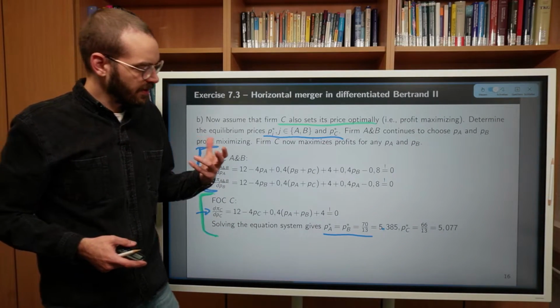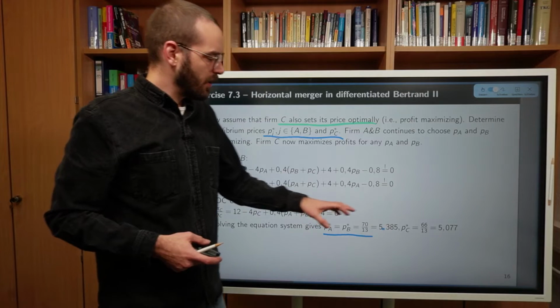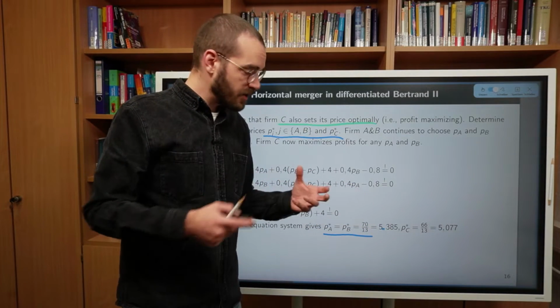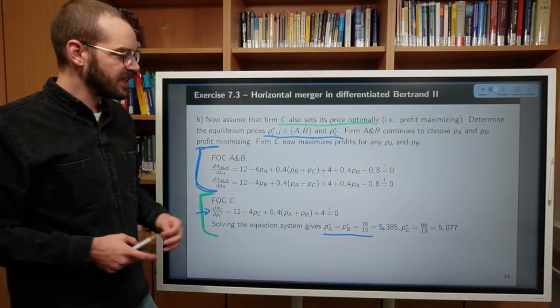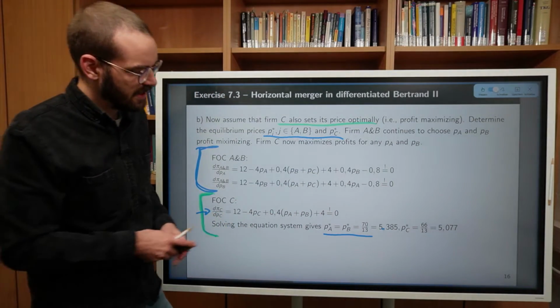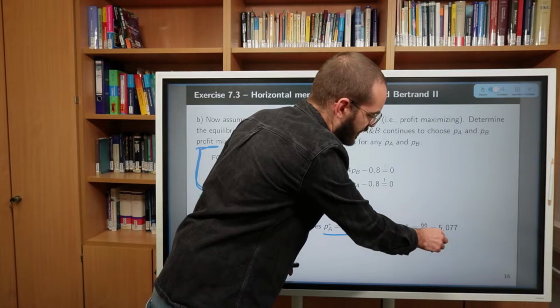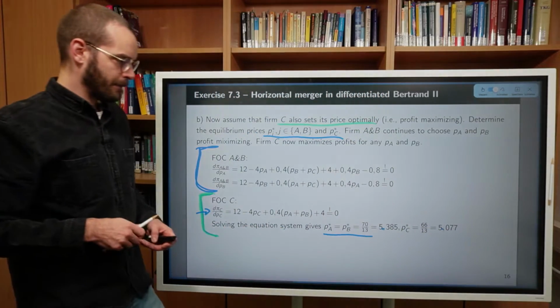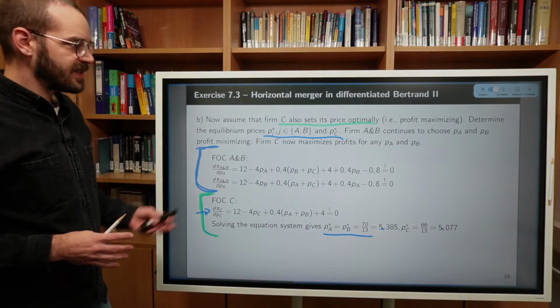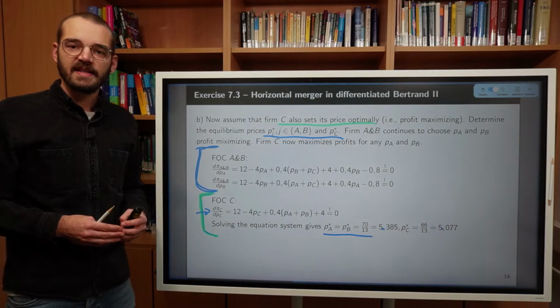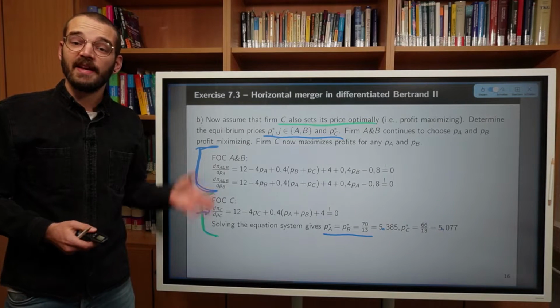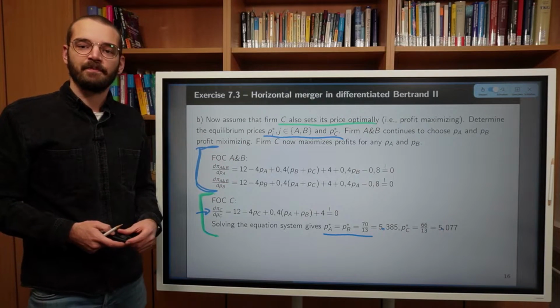And finally, you will calculate that the equilibrium price of firm C equals 66/13, or as a decimal 5.077. So that is then the market equilibrium prices for all firms if they behave profit maximizing.